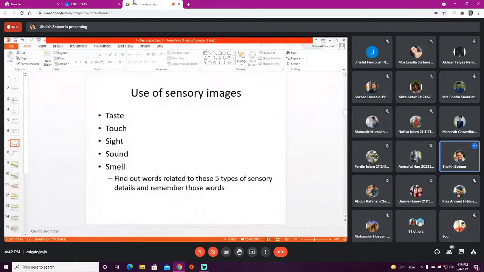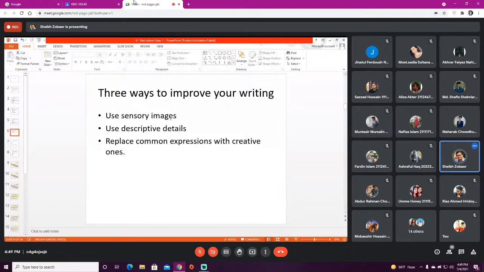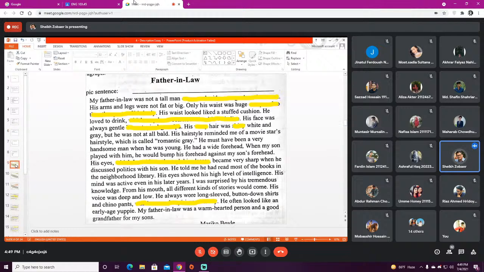Great. The first quality or first technique was to use sensory images. Let's see an example of the use of sensory image here. Okay, let's read this sentence. His hair was white and gray.